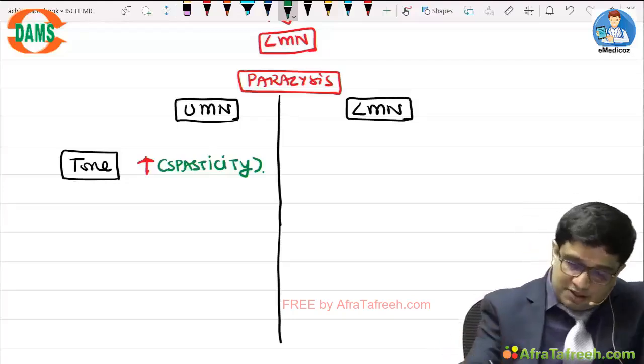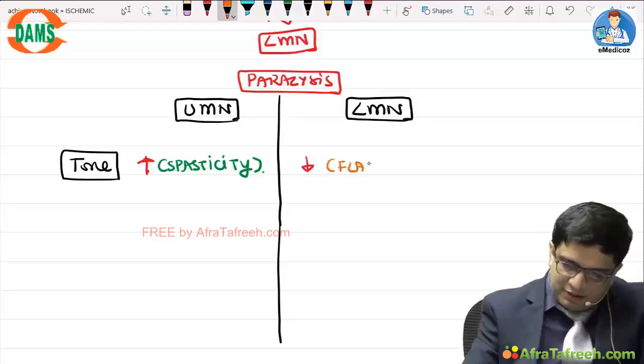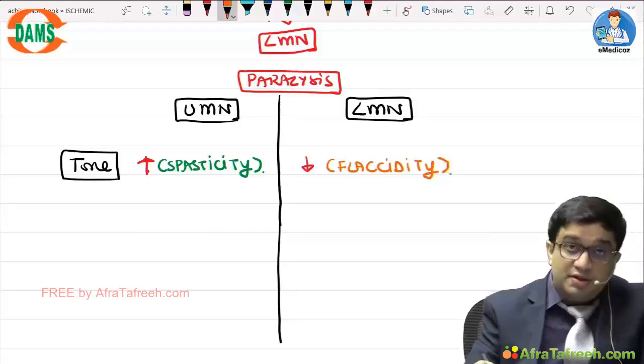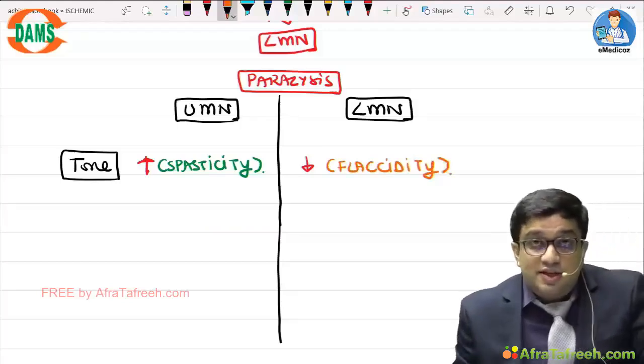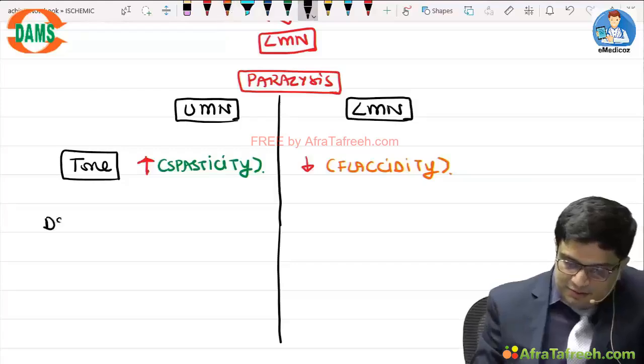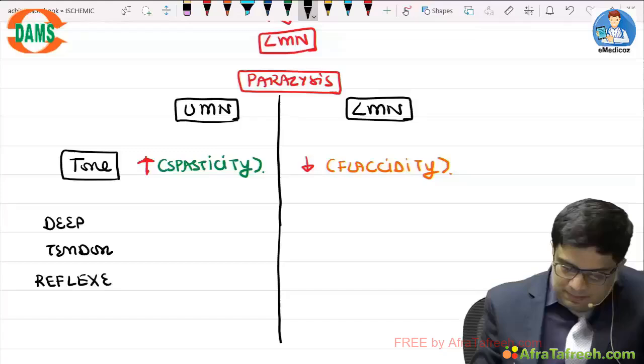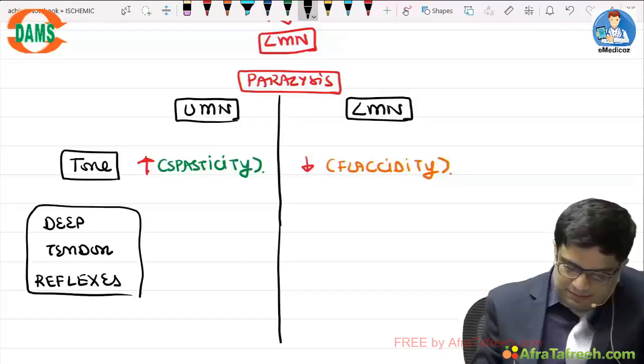LMN on the other spectrum is just the opposite. The tone here has to decrease. In our patient, what do we get? Often flaccidity. So spasticity is UMN, flaccidity is always LMN, right? Then we have the reflexes to be checked, which are known as the deep tendon reflexes or the DTR.